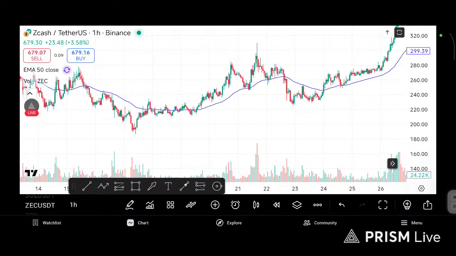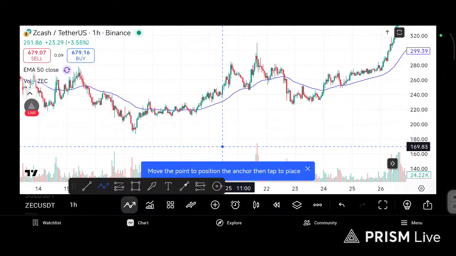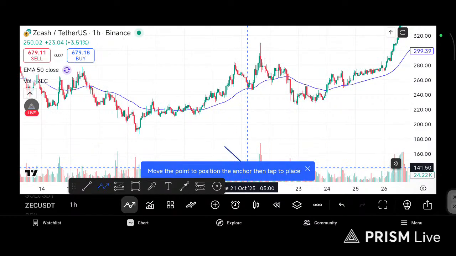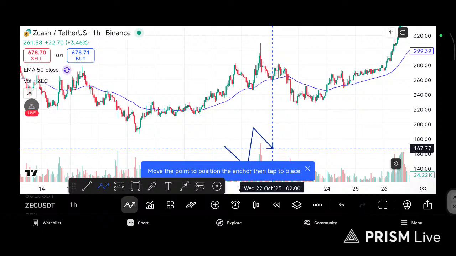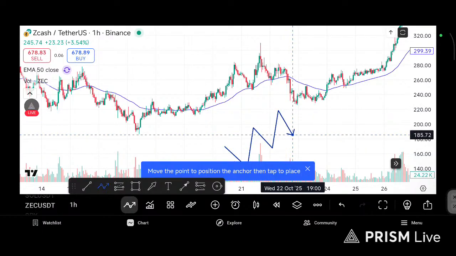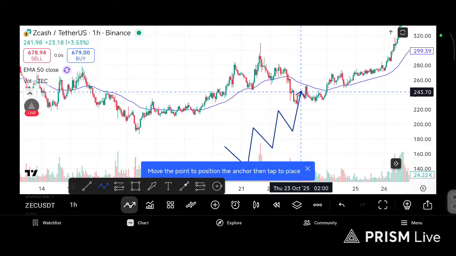Now remember, in our type 1 liquidity, I explained something like this. Market coming down, going up, coming down, going up, coming down, going up.